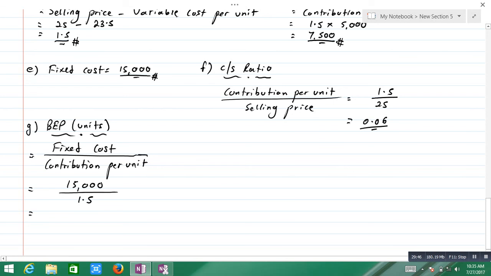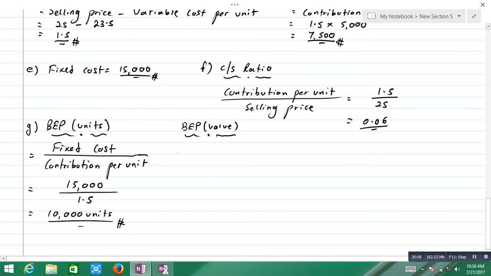Now, in this example, I'm going to do both formulas, but in the exam, you just do either one for the BEP value. BEP value got two formulas, or you can do it in this way as well. Or you take break-even point units times with the selling price. SP is the selling price. I put it short form.